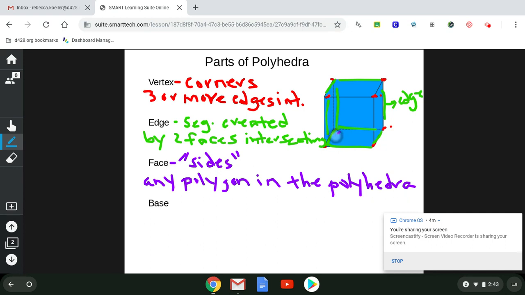Like down here, this square piece is a side, and up here, this square piece, those are faces. But it can even be the squares around laterally, around the edges vertically. So that's a face.